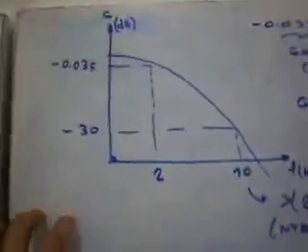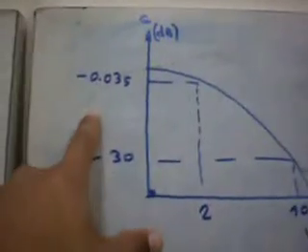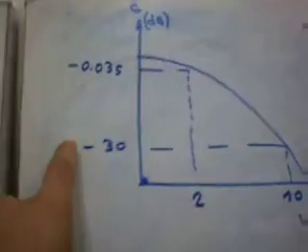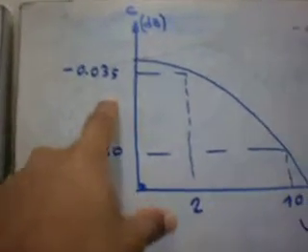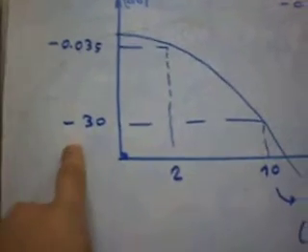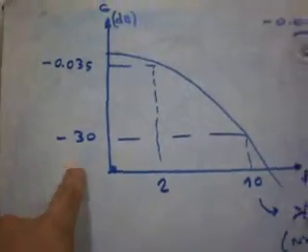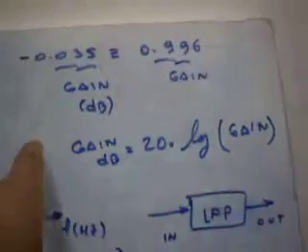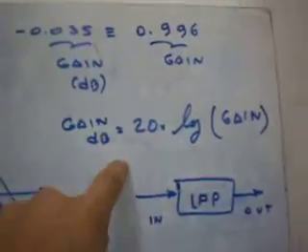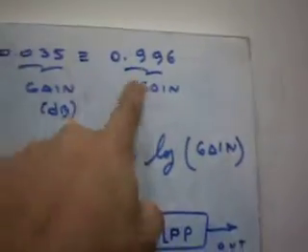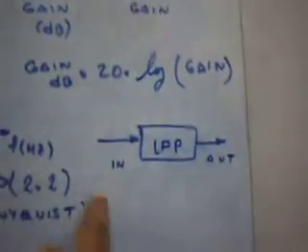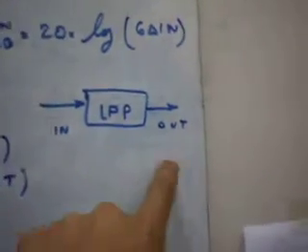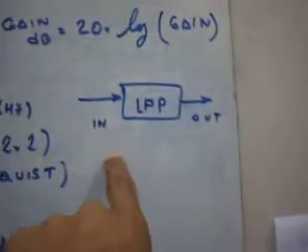The characteristics of this design: I decided to work with the gain expressed in decibels. The pass gain was minus 0.0035, and the reject gain was minus 30 decibels. By these expressions, the gain not in decibels was made, and I chose 0.996 between input signal and output signal, and we obtain the gain.